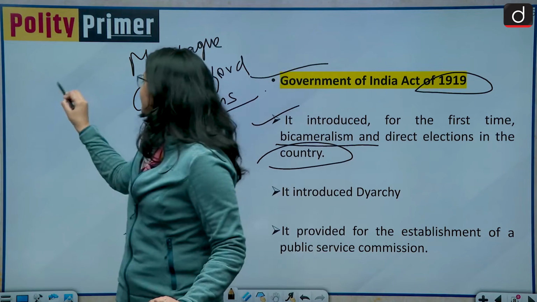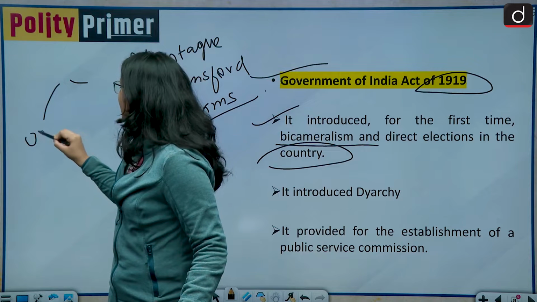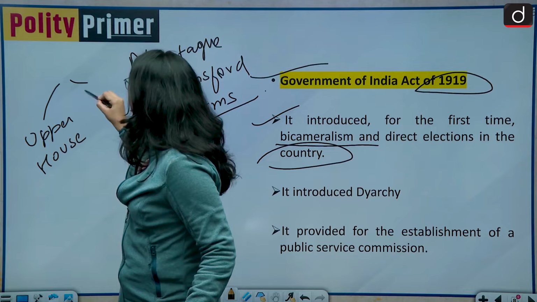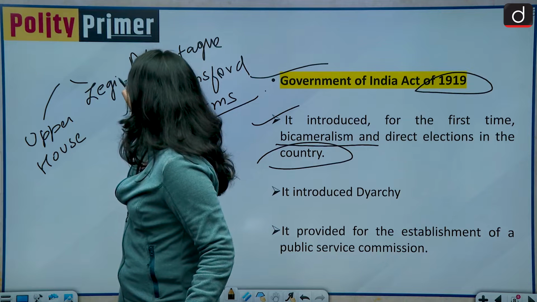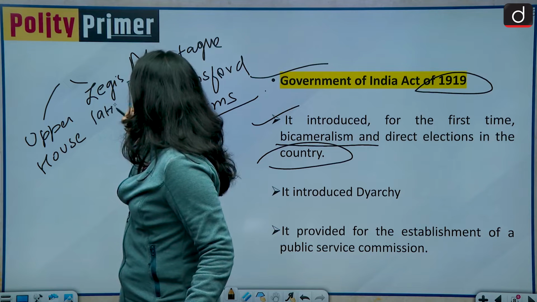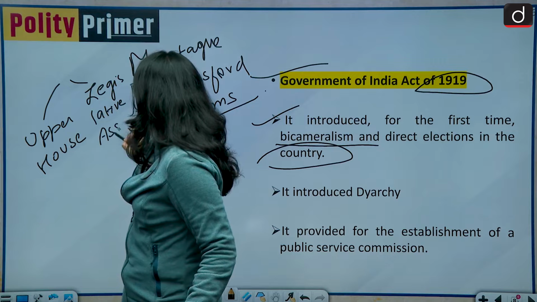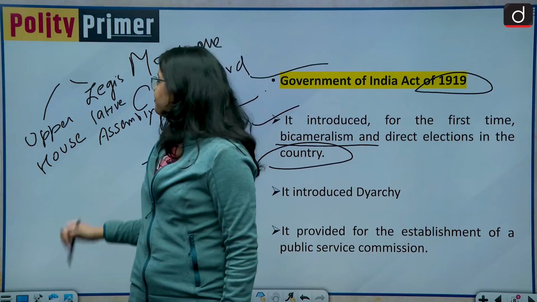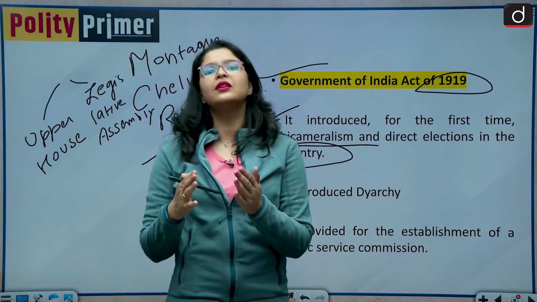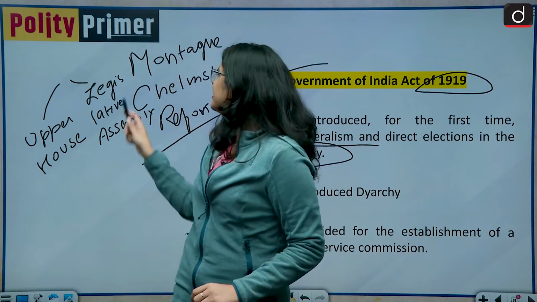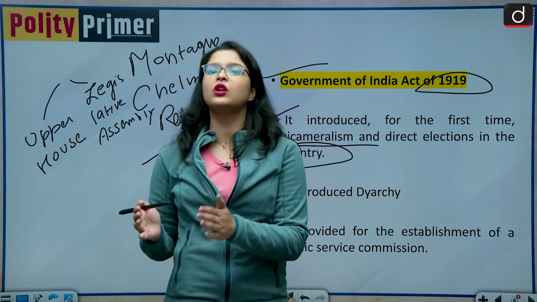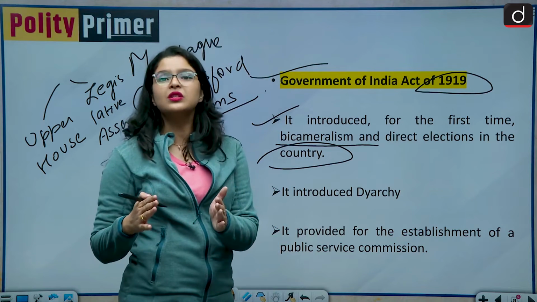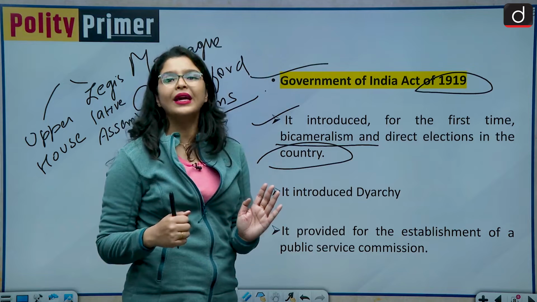That means it divided the houses of parliament into an upper house and a legislative assembly. The upper house or the Council of States is known as the Rajya Sabha in present terms, and this legislative assembly is known as the lower house of parliament, or the Lok Sabha. So bicameral houses of parliament were introduced by this act.